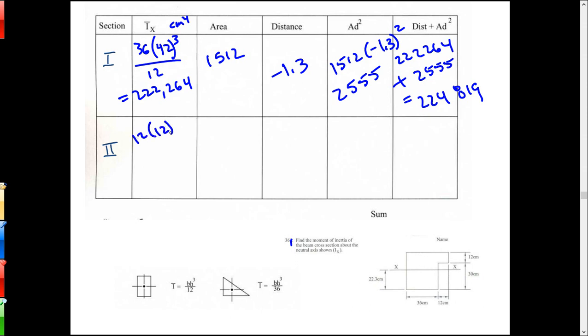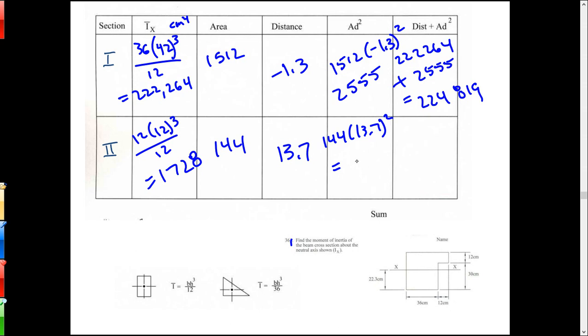12 times 12 cubed over 12, so that's 1728. 144 for the area, 13.7 for the distance. So 144 times 13.7 squared is 270? Oh no, it's more than that.